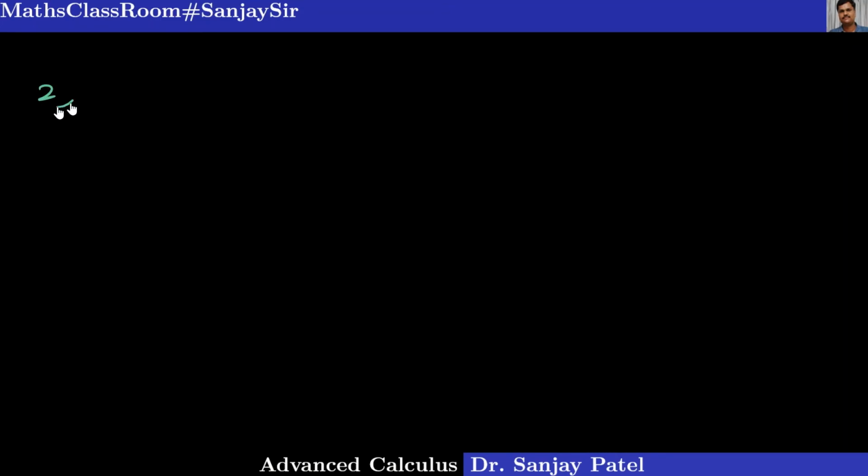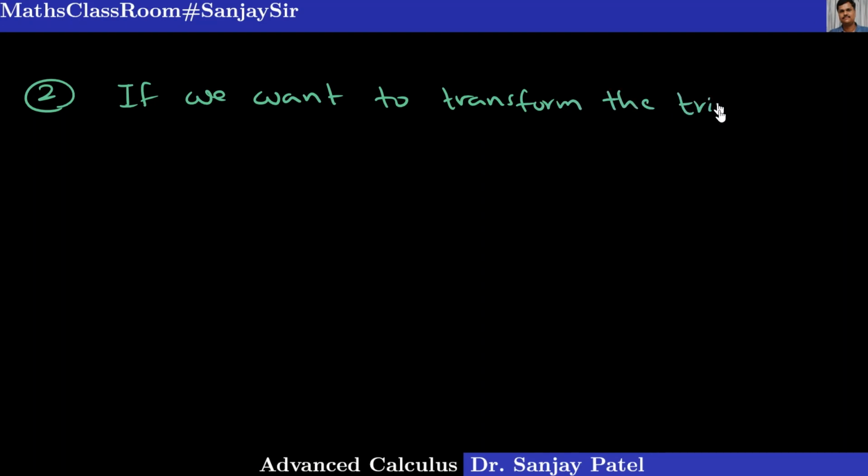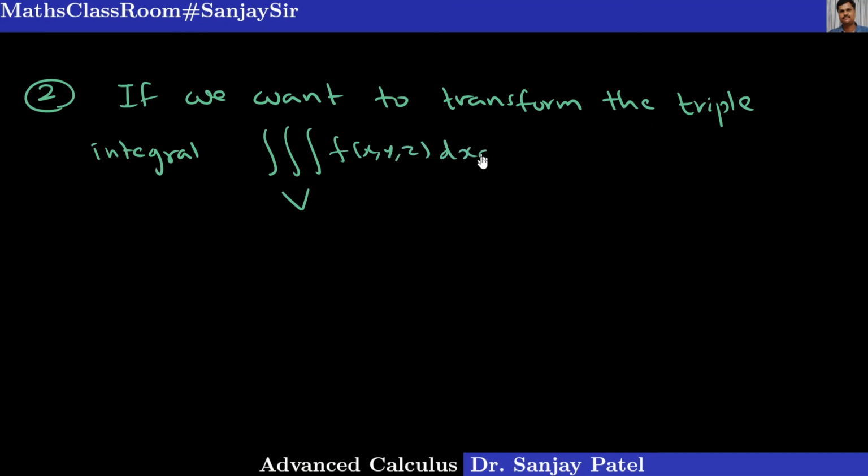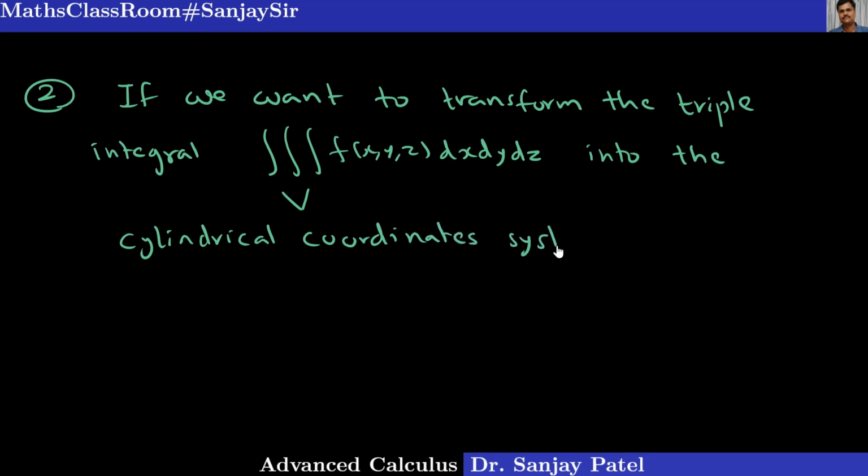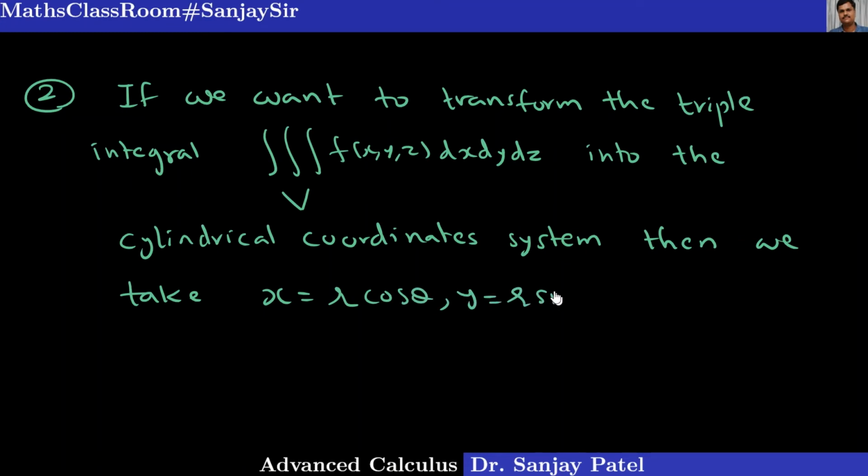The second one is, if we want to transform the triple integral in the Cartesian system over a volume V with respect to the variables x, y, z into the cylindrical coordinate system, then we take x is equal to r cos theta, y is equal to r sin theta, and z is equal to z.